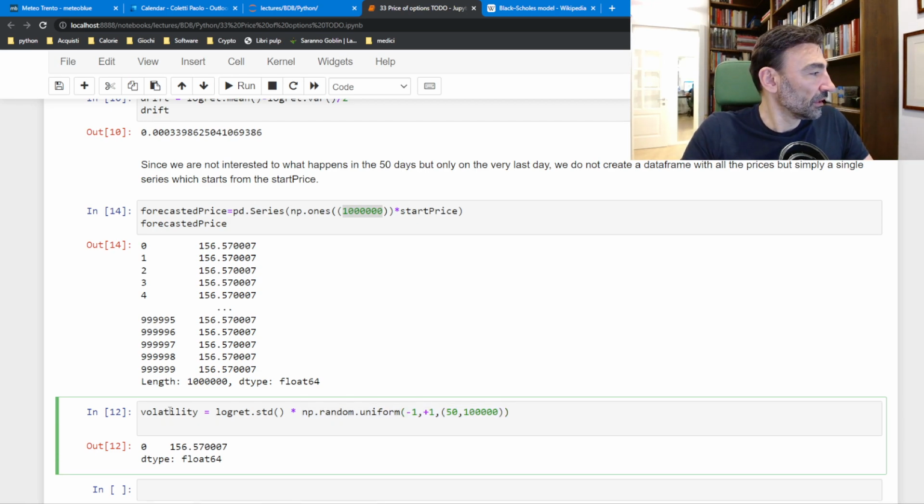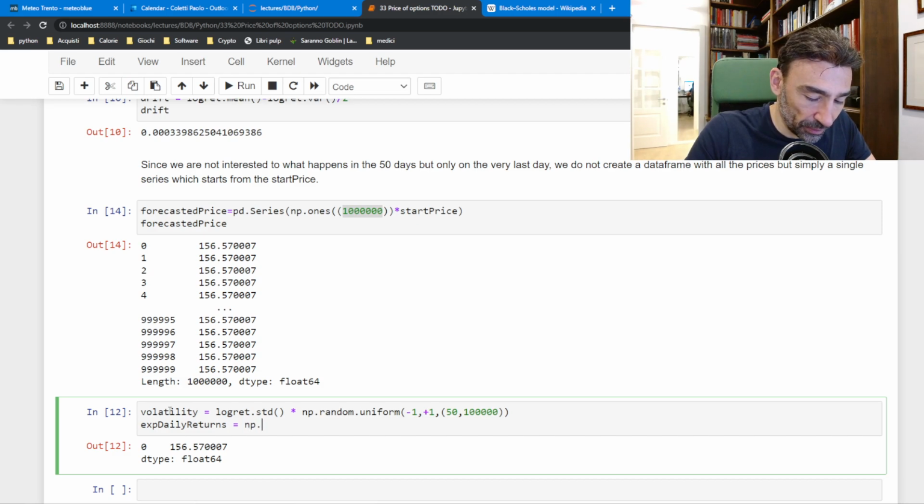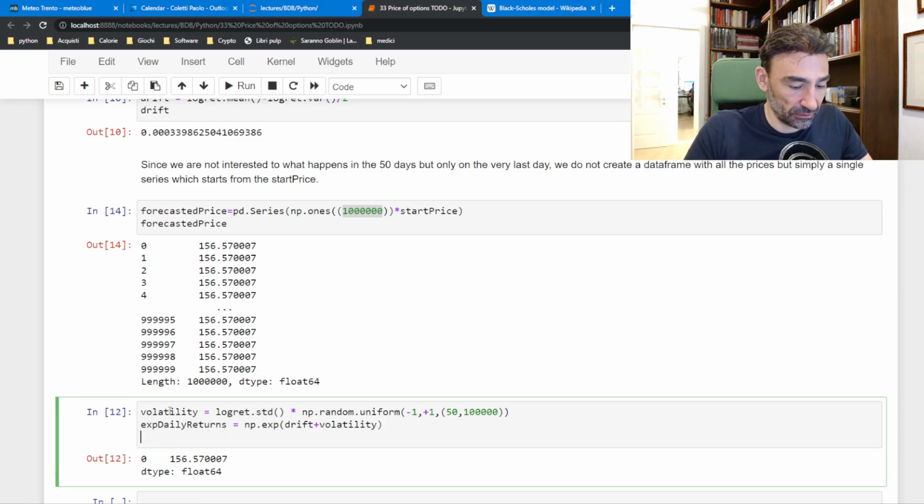Okay, and exp daily returns equal numpy exp of drift plus volatility.